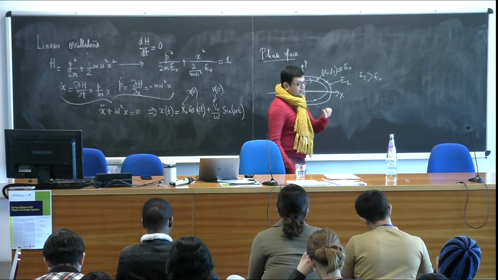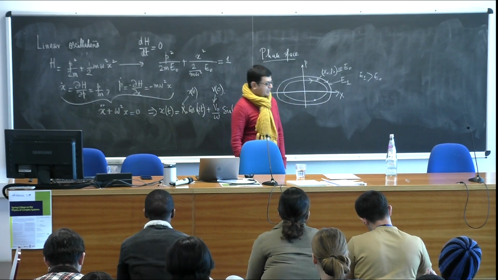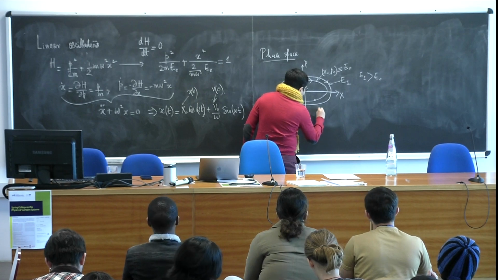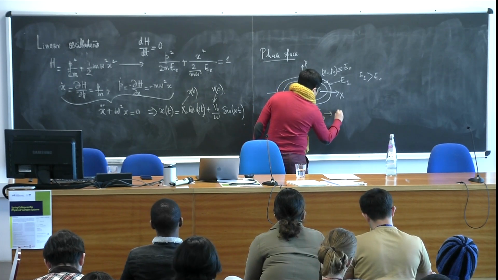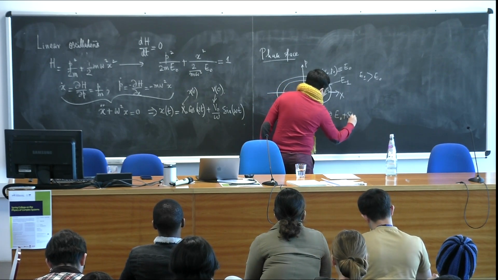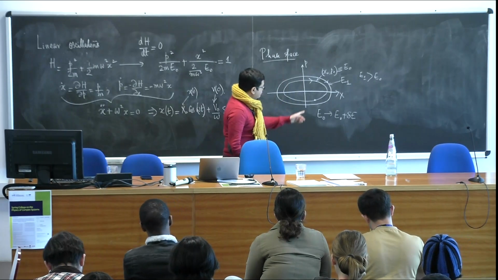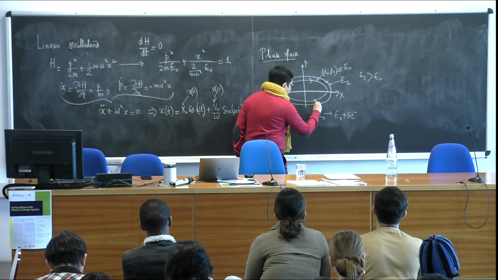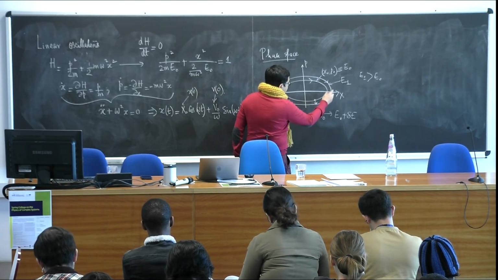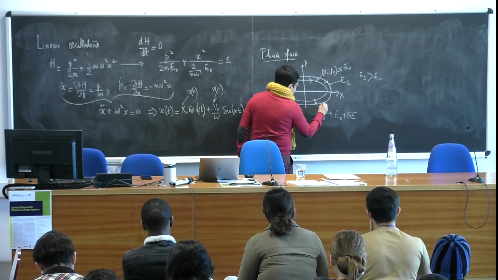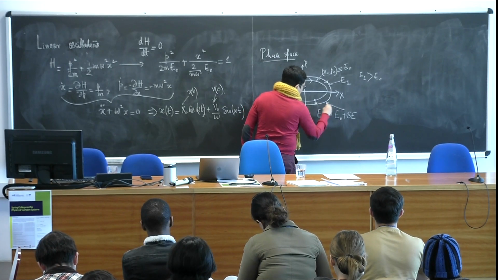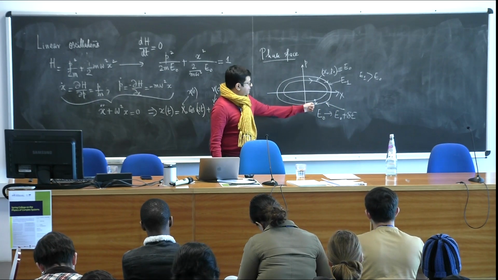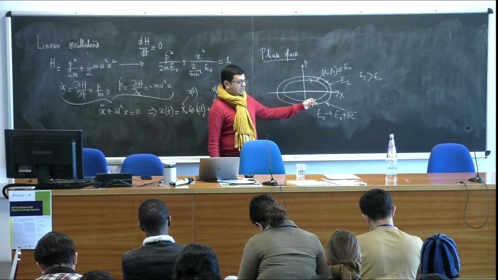And in doing so, suppose the energy of the system increases. So let's say you go from the energy value E0 to some higher energy value. Then the system would at once jump to a new orbit corresponding to this new value of the energy.